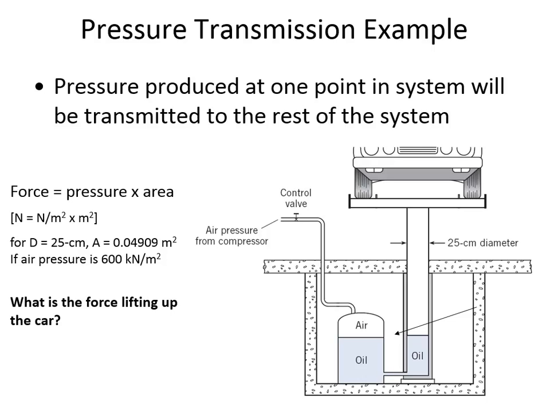Okay, and we pressurized the air in the tank to 600 kilonewtons per square meter. So that's the air inside the tank. Pressure is 600 kilonewtons per meter squared, and we assume that that's a gauge pressure.